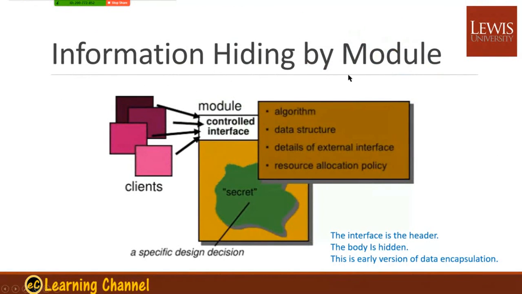Information hiding by module. A module is not an object. A module has the control interface, and the client can access the module through that. Inside, the data or algorithm or data structure will be secret. The interface is the header, and the body is hidden.